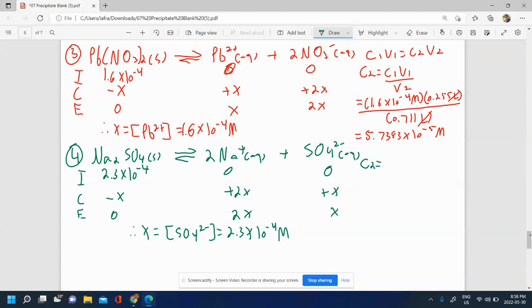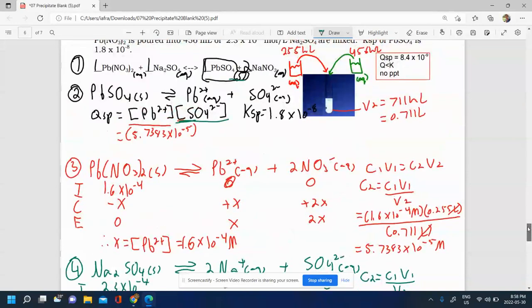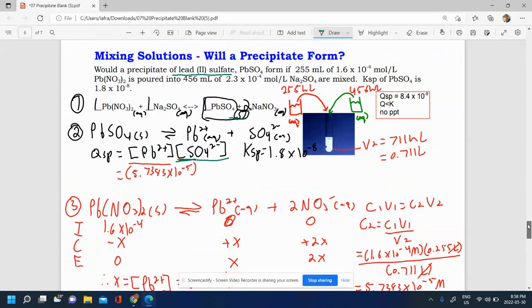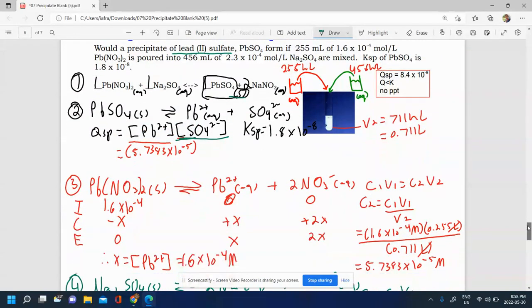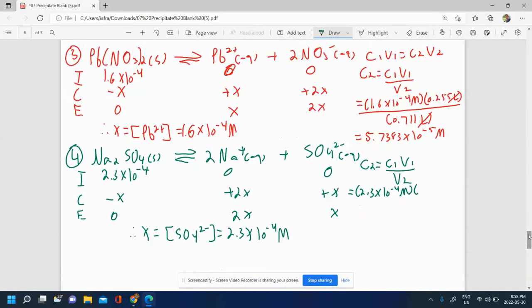So C2 is equal to C1 V1 over V2, which is equal to 2.3 times 10 to the power of -4 molar times the V1, which was 0.456 liters for the sodium sulfate, over the new volume, 0.711 liters.